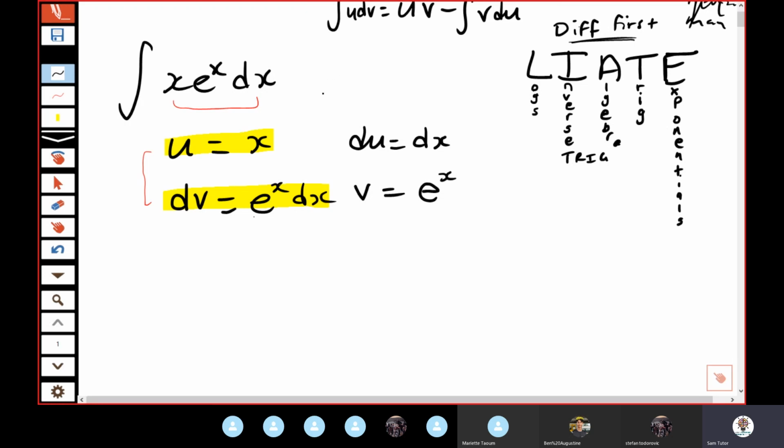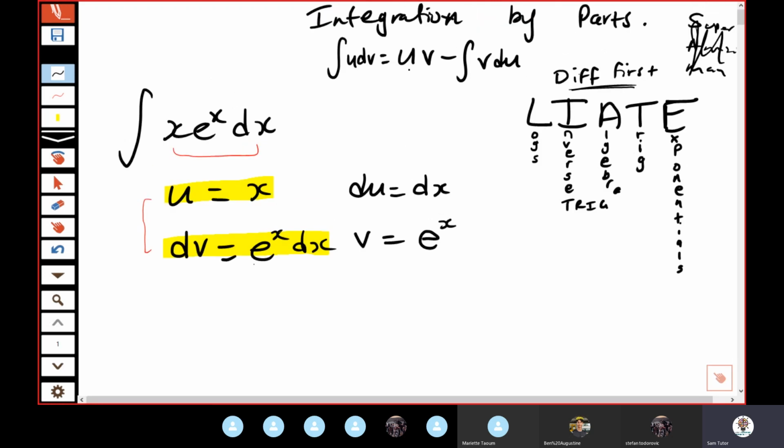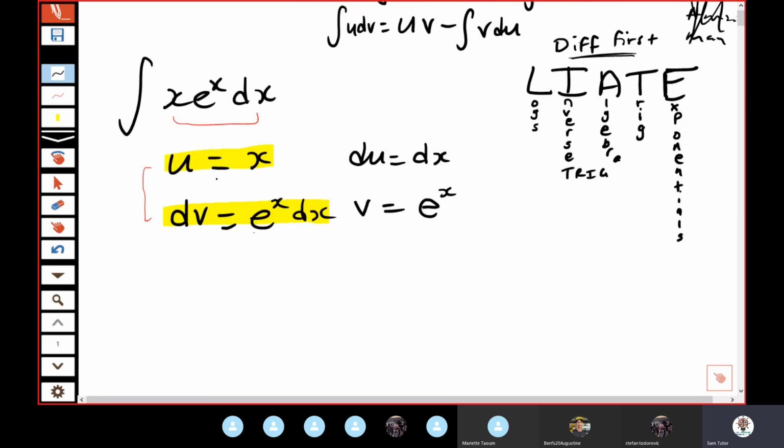All right. Then the formula, look at what I've written: uv minus integral of v du. Personally, I don't even remember this. I memorize just what I've written for you guys, u dv, and then I know if I've got dv, I'm meant to have v, and if I've got u, I'm meant to have du.